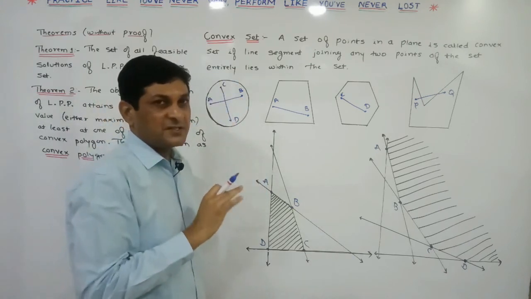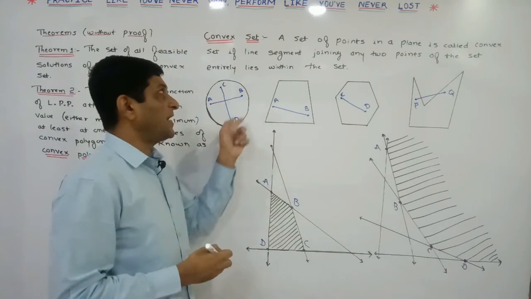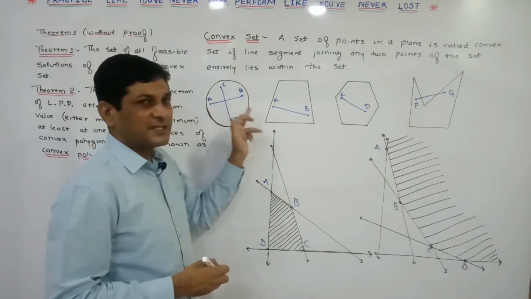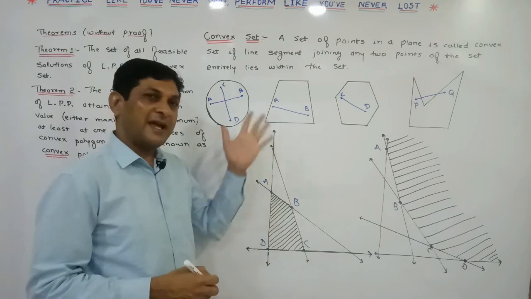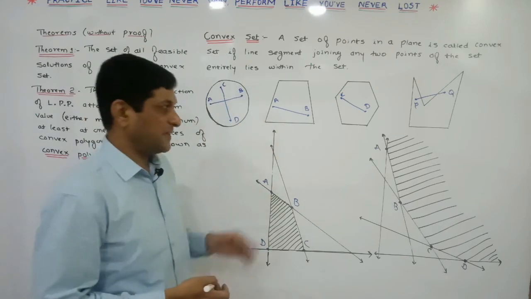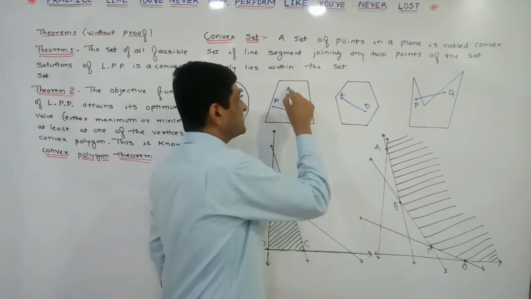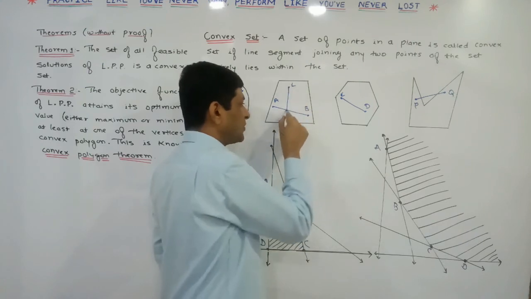If this condition is satisfied by every two points in the set, then the set is called a convex set. Take any two points in the set and draw a segment joining them. If that segment lies again in the same set, it is called a convex set. In this quadrilateral also infinite points are there. Let us consider L here and M as another point, and draw a segment joining these two points.